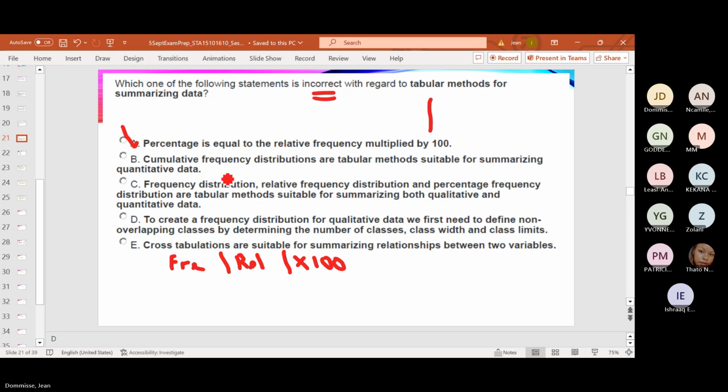Cumulative frequency distributions are tabular methods suitable for summarizing quantitative data. Correct. So quantity you count, so then you will be able to summarize it in bands.